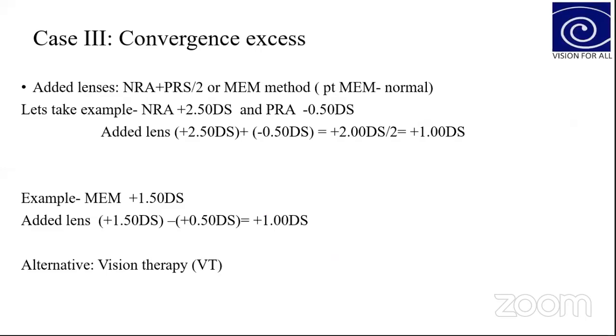Here is convergence excess, where, as I told you, in Vergence anomalies the primary treatment is an added lens.